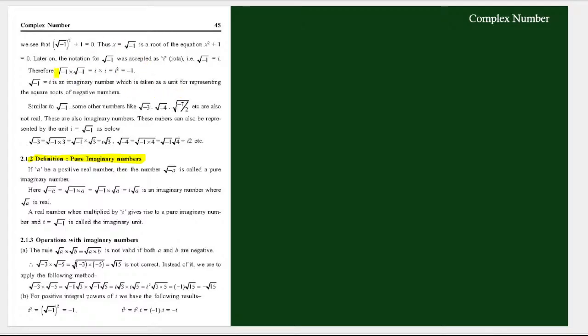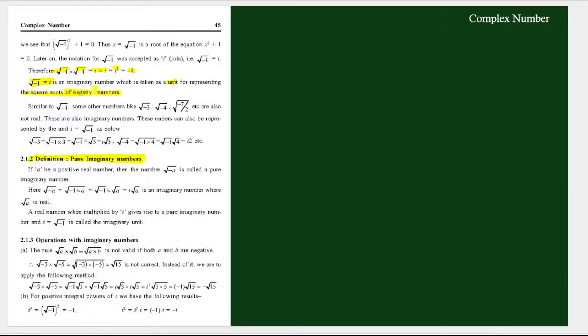Before going to that, let's see here. Root over minus 1 into root over minus 1 is nothing but i into i, which is i square, and i square is minus 1. So root over minus 1 equal to i is your imaginary number, which is taken as a unit for representing the square roots of negative numbers.